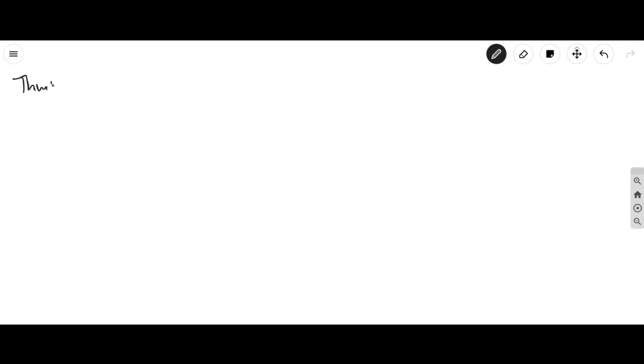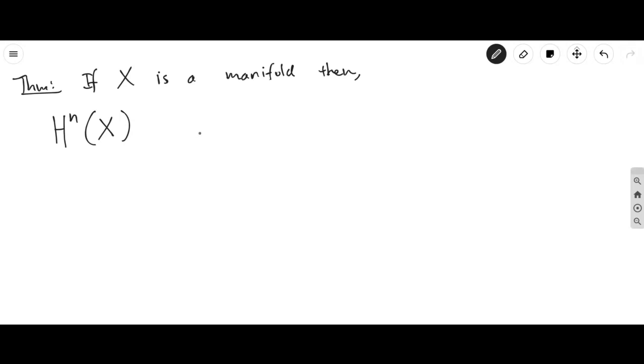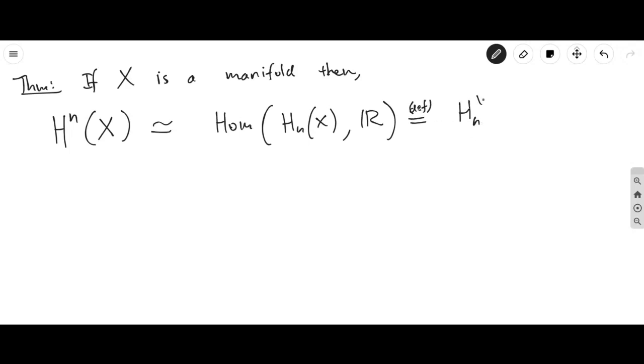So let me state the theorem again. If X is a manifold, then the n-dimensional cohomology of X is isomorphic to the dual of the n-dimensional homology with coefficients in R. For simplicity, we just denote this by the dual.